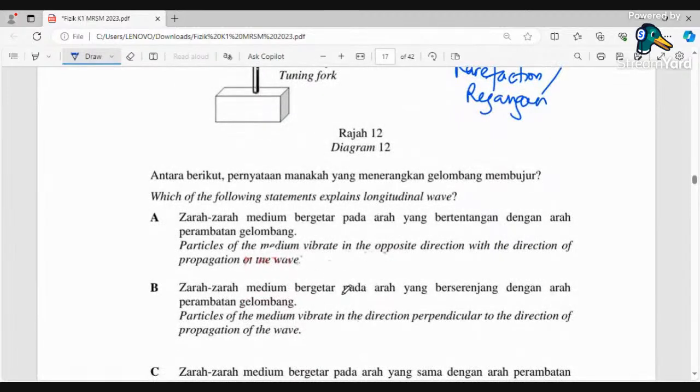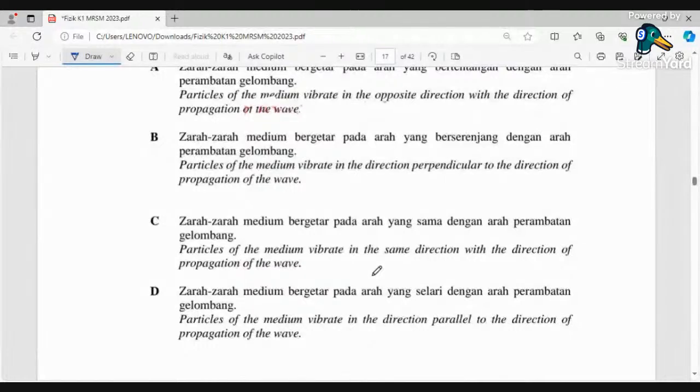Okay, which of following statement explain longitudinal waves? Remember all the properties of the longitudinal wave. Particle vibrates opposite direction with direction of propagation. Not really accurate. Okay.